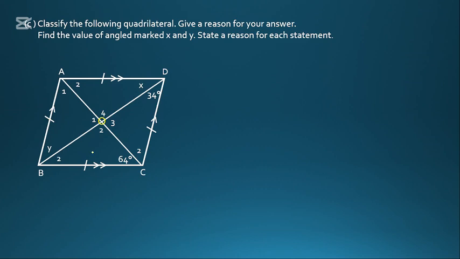But it's not a square because the angles are not marked with a box to tell us that they are 90 degrees. So it must be a rhombus. Right. So ABCD is a rhombus because all four sides are equal.